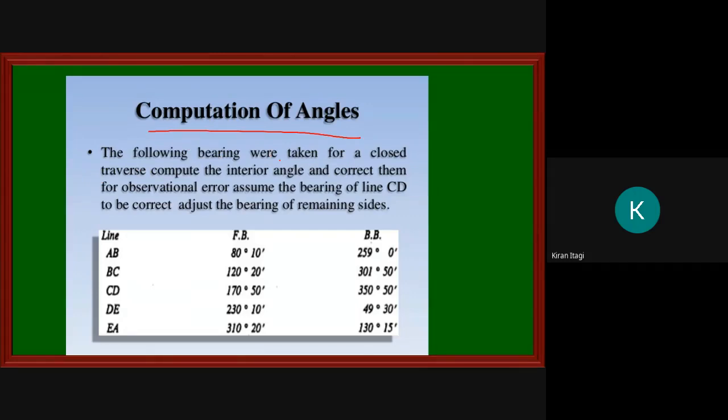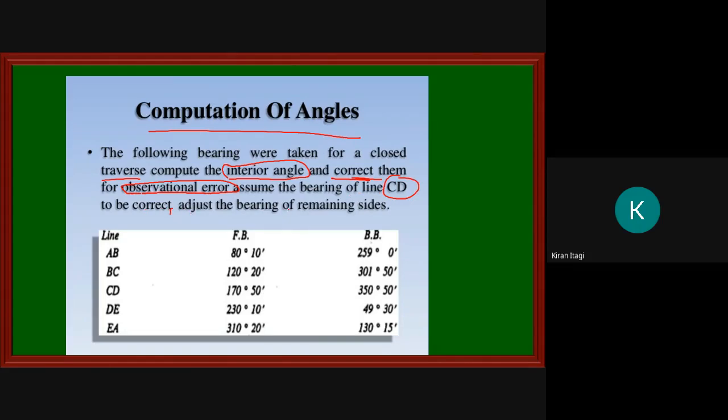The following bearings were taken for a closed traverse. Compute the interior angles and correct them for observational error. For observational error, assume the bearing of line CD to be correct.